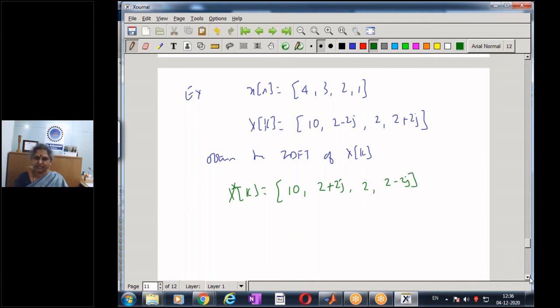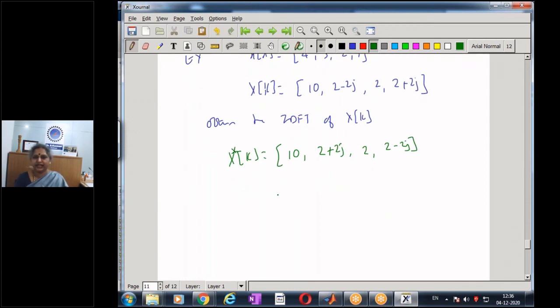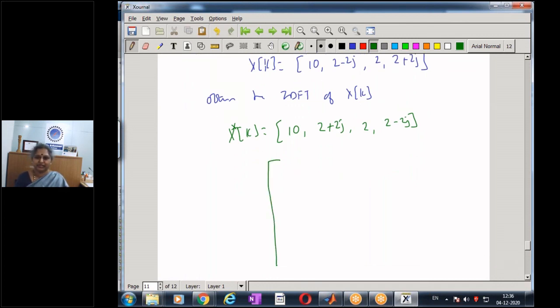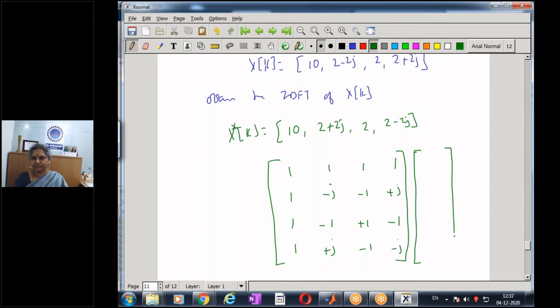I take the complex conjugate of my X of k, and then I try to get the 4-point DFT of this. So how do I do the 4-point DFT? The first row and first column are all 1s, then 1, minus j, minus 1, plus j, and so on. This is a computation using the DFT matrix. We have seen it in the previous module.